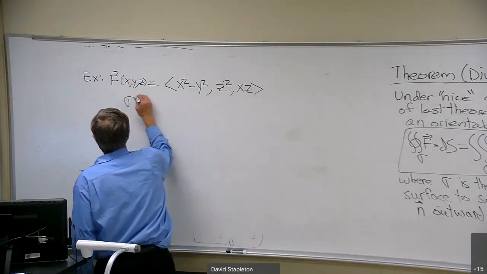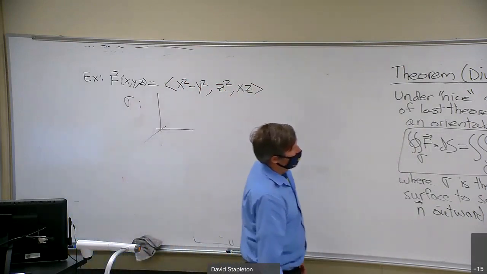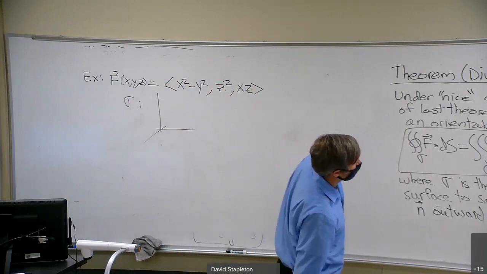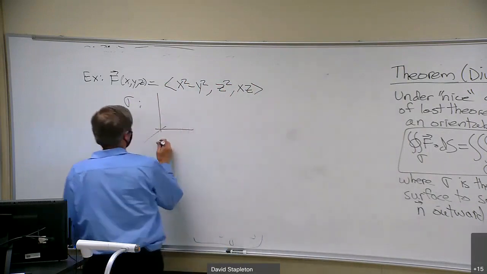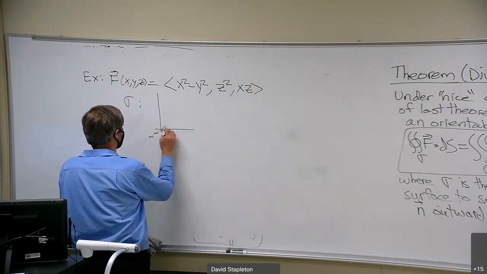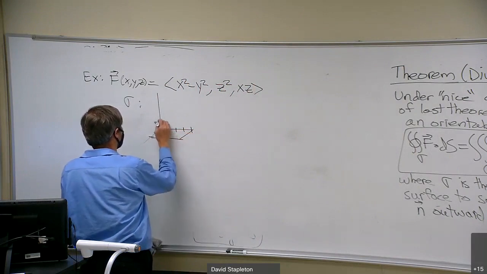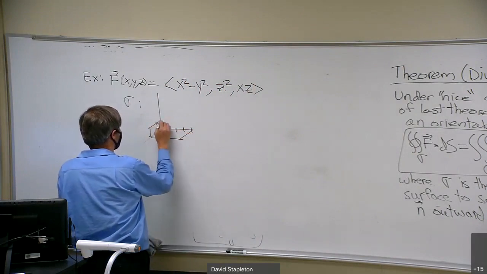And your surface sigma is the box, 0 to 2, 0 to 4, and 0 to 1. Box right there.